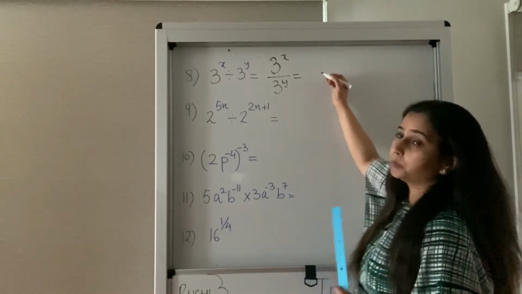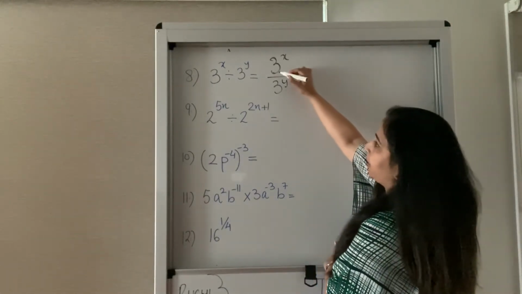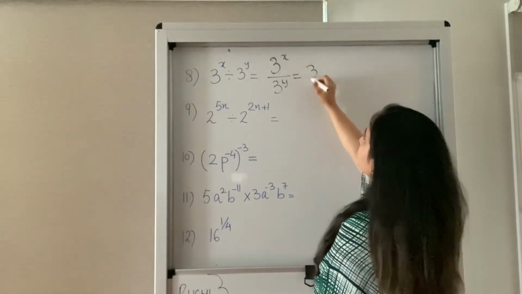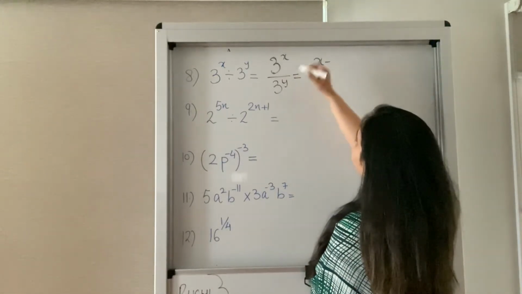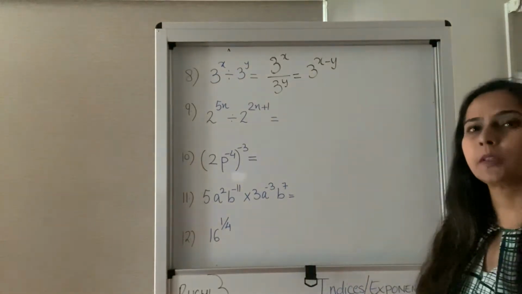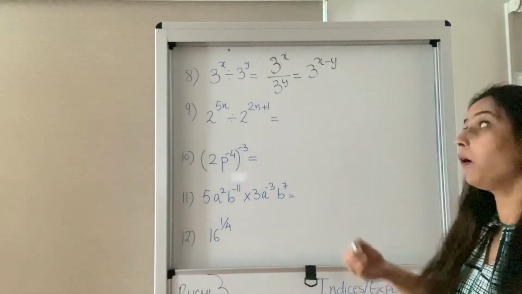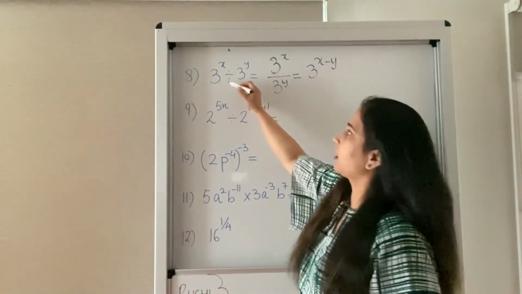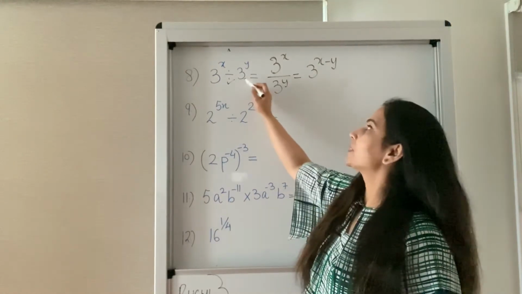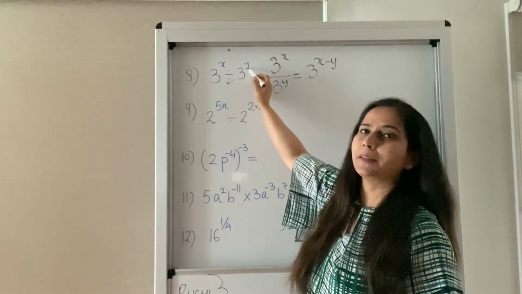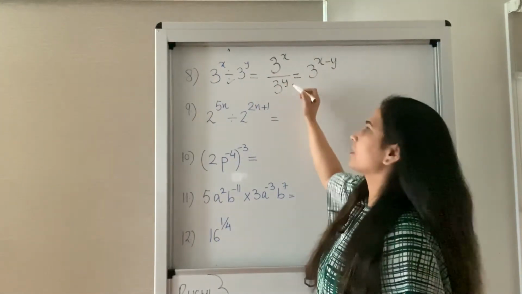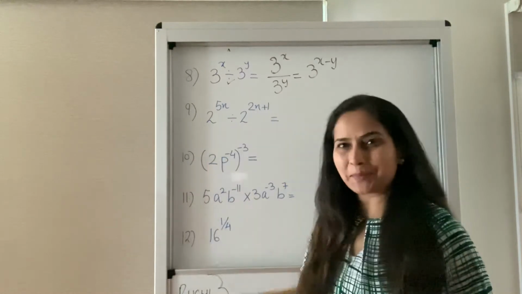And then by the rule, because the bases are the same and they are in the denominator, the y flips, goes at the top in negative power. Or otherwise, the division sign automatically tells you that the power of what you are dividing by goes in minus. So you could straight away have written it, but that's all right if you want to do one more extra step in between.